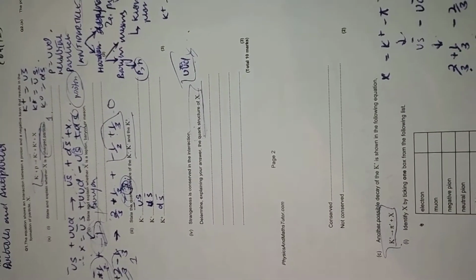Now moving on to our third part of the question, which says that strangeness is conserved in the interaction. Explain your answer using the quark structure of X. This is our fourth one.